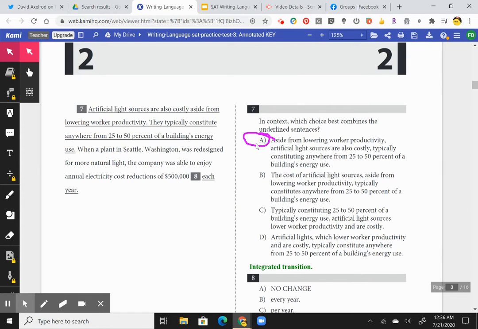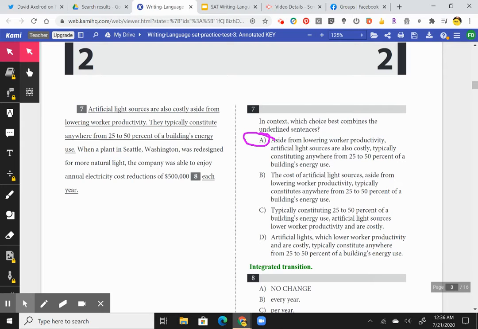That's our best choice because it provides an integrated transition. The other choices don't do that. The cost of artificial light sources, we weren't talking about the cost of them. We weren't talking about what they constitute as far as building use. We were talking about artificial lights, which lower productivity and are costly, typically constituting anywhere from 25 to 50% of the building's usage.